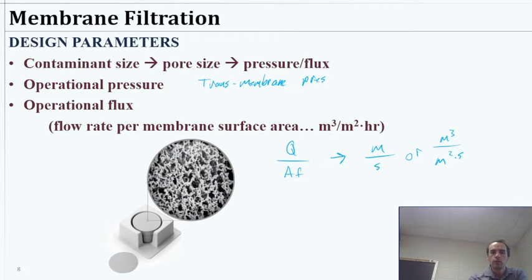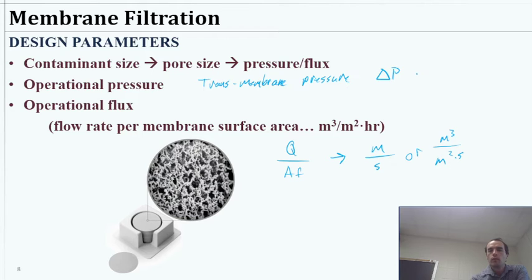There's several different pressure terms. I kind of hinted at that a moment ago in terms of, okay, what's the pressure before the membrane? What's the pressure drop after the membrane? That kind of stuff. Transmembrane pressure is really that difference in pressure, the feed versus the permeate.